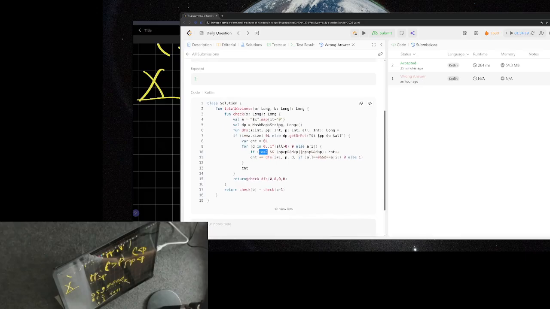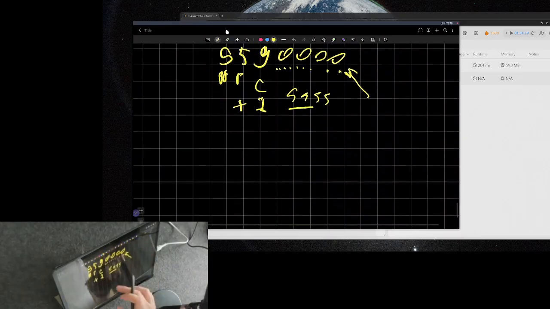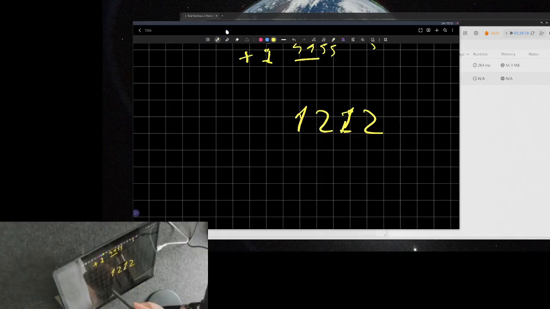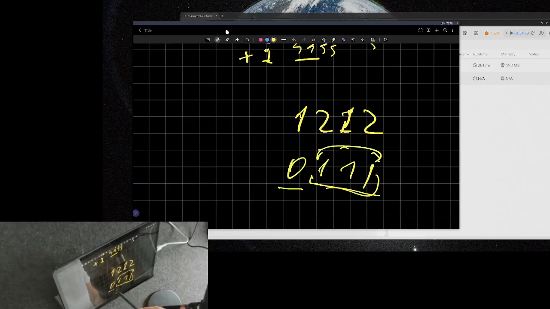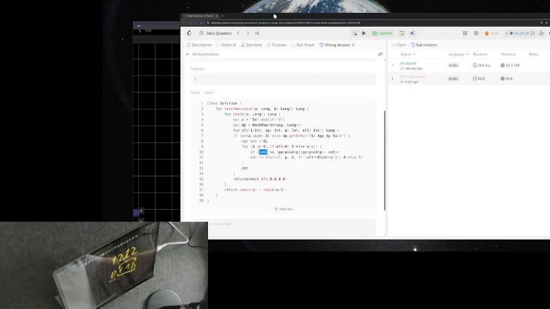Because if you are considering this 1 2 1 2 big number, and you're trying to count, you have to consider numbers that start with 0, and it can be any other numbers like that. Okay, let's look at the code. I can't explain it.